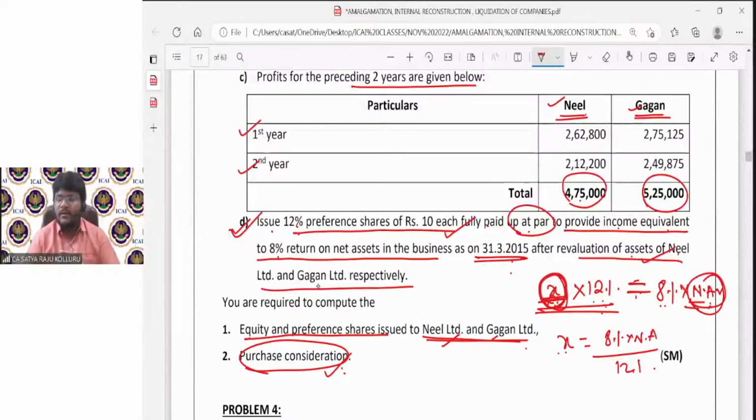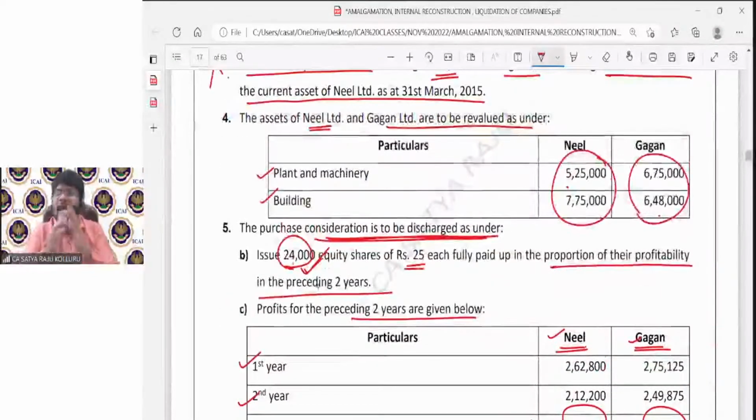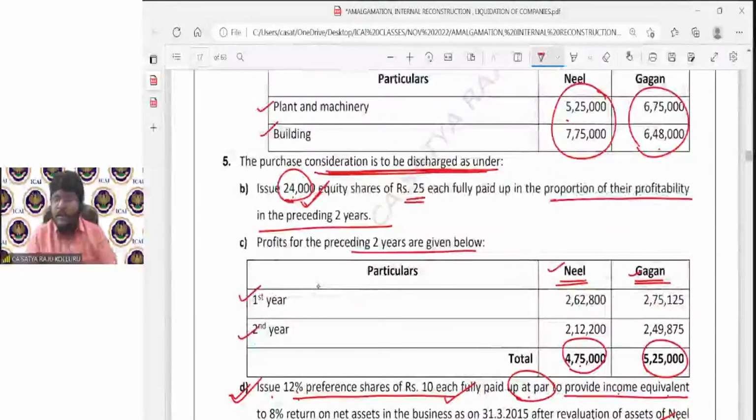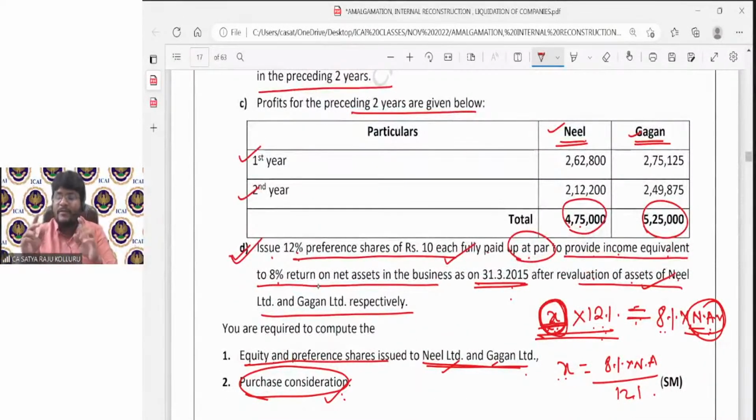Sir, how you are calculating that is irrelevant to me. Amount payable to equity shareholders, here I will know by applying the ratio of profitability. Amount payable to preference shareholders of the selling company, I know by applying a certain percentage of return on net assets. That is again irrelevant for me. But if you are able to ascertain the amount payable to equity shareholders as well as preference shareholders, the method of PC is net payments. That's it.